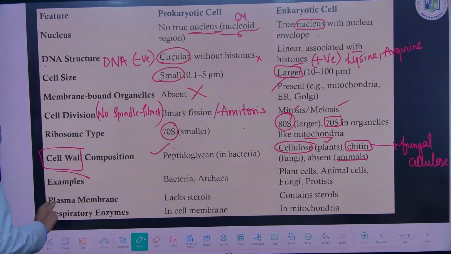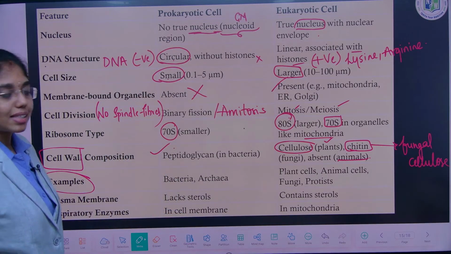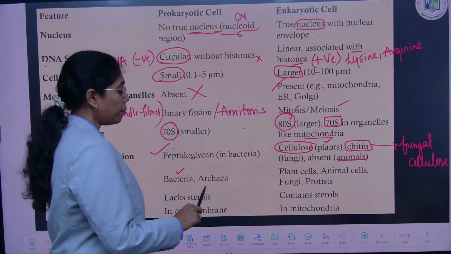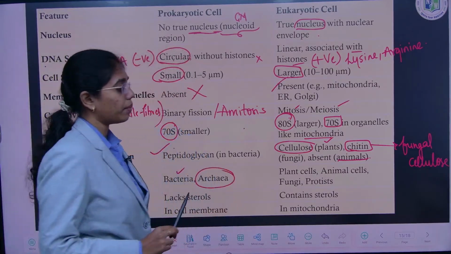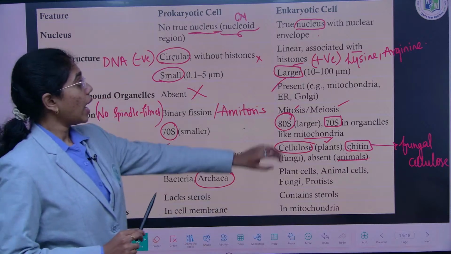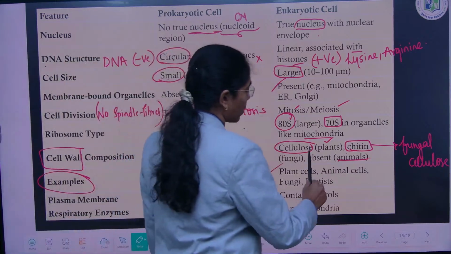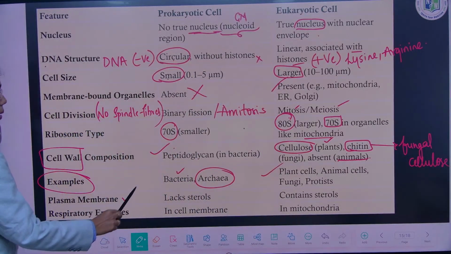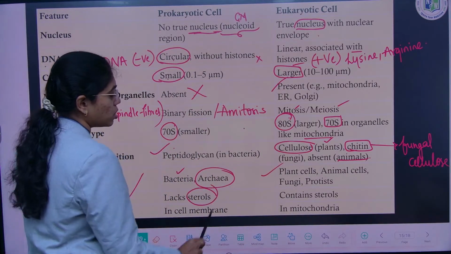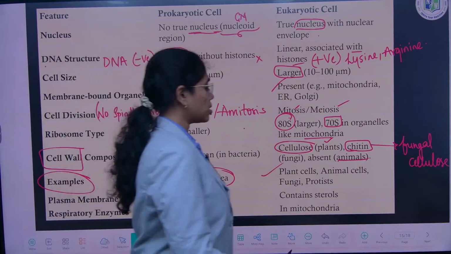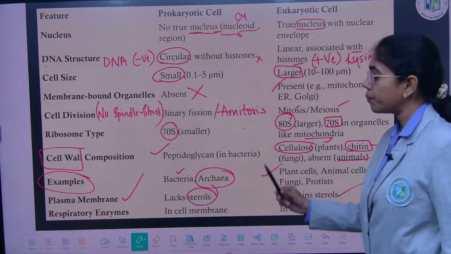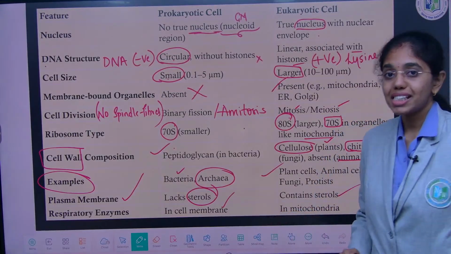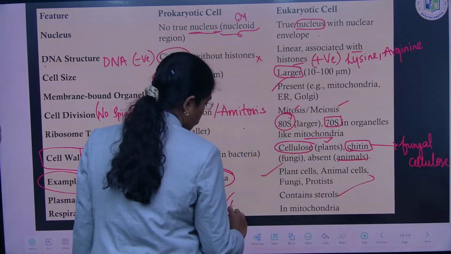Next, examples of prokaryotic cells include bacteria from the Eubacteria kingdom and archaea from the Archaebacteria kingdom. Eukaryotic cells include plant cells, animal cells, fungi and protists. The plasma membrane lacks sterols in prokaryotes, whereas the eukaryotic cell contains sterols. Respiratory enzymes are in the cell membrane, secreted via mesosomes.